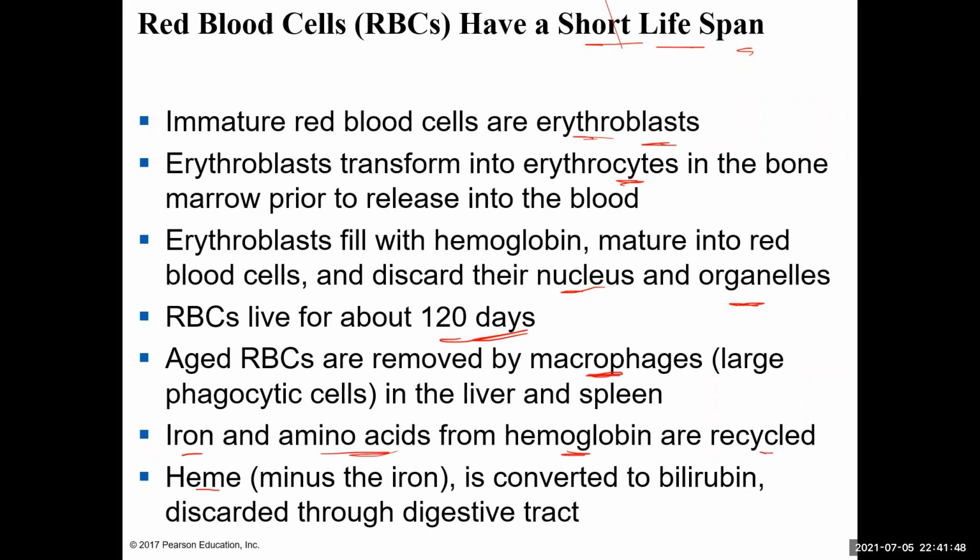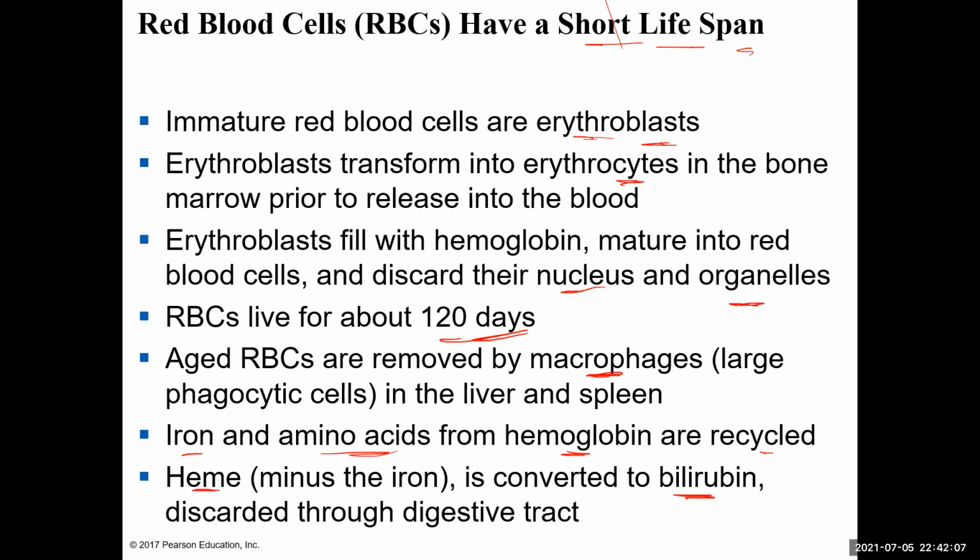The heme group itself, so what the iron was bound to, is actually converted into bilirubin, and that bilirubin will be discarded through the digestive tract. And so the bilirubin is a product of your red blood cells being broken down.